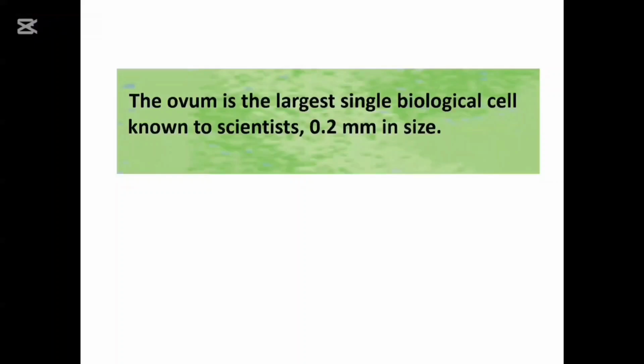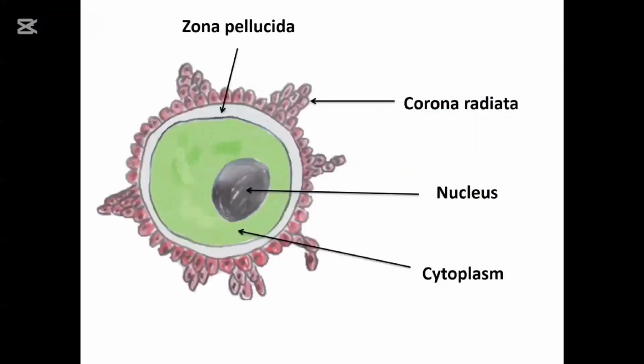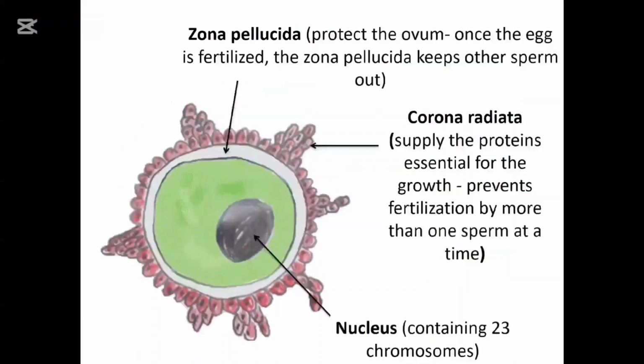The ovum is a haploid cell. It is the largest cell in the body. It can even be seen by the naked eye, 0.2 millimeter in size. Here are the zona pellucida, corona radiata, nucleus, and cytoplasm, some details about the ovum. This is the outer layer.